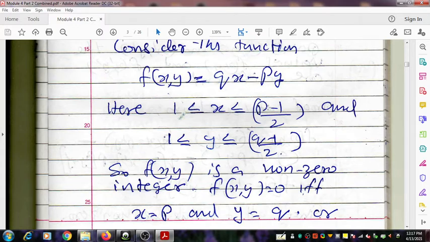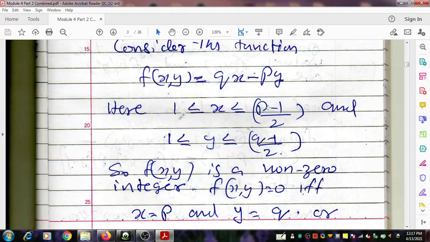All the remaining values can be given by taking k equal to 2, 3, etc. When k equal to 2, you are going to get x equal to 2p and y equal to 2q.